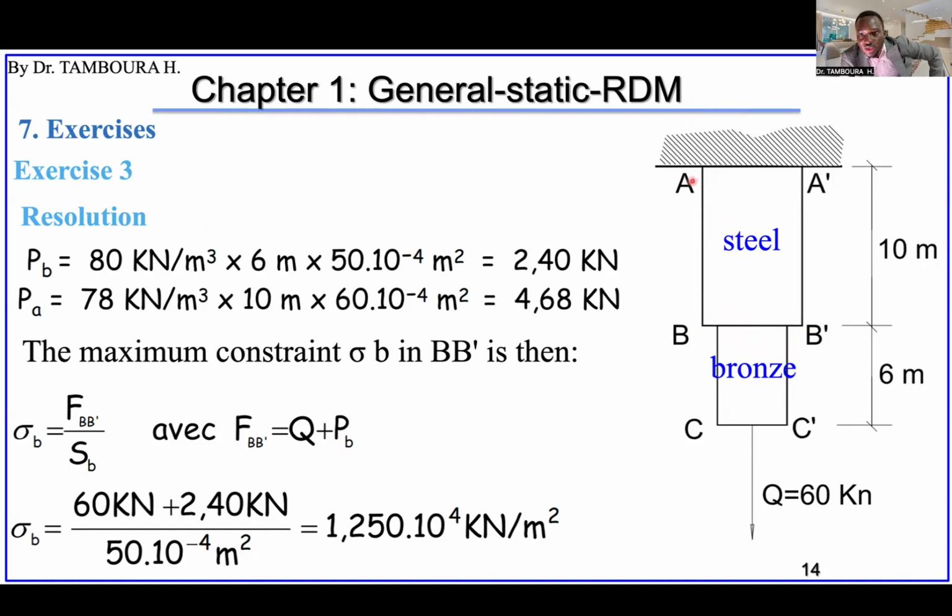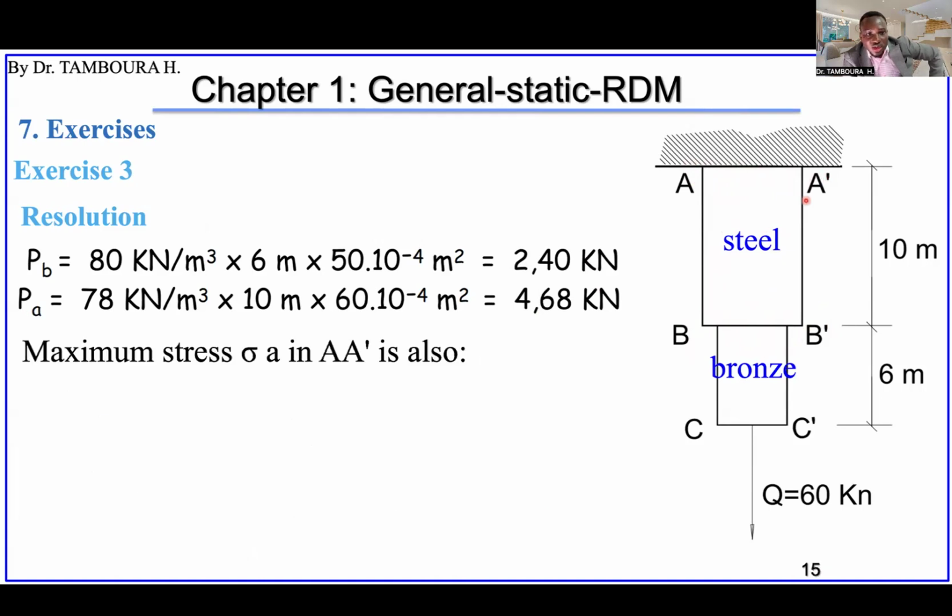So for the steel bar, the maximum will be here. The forces acting will be this 60 plus the total weight of the bronze and the total weight of the steel. This is because we are asked to calculate the maximum.